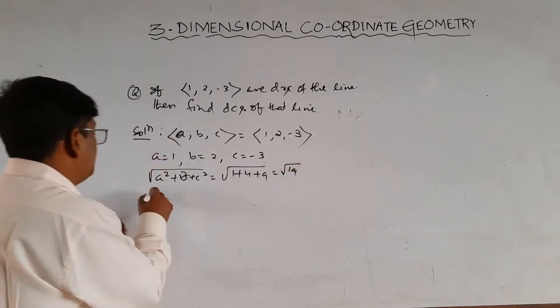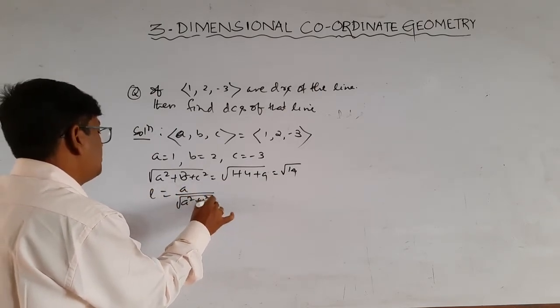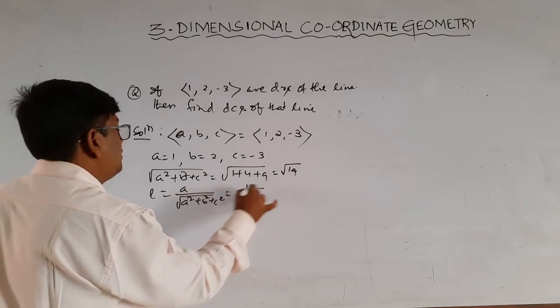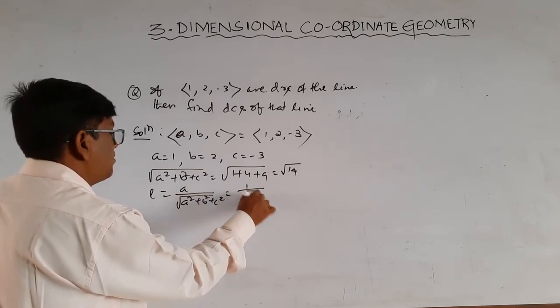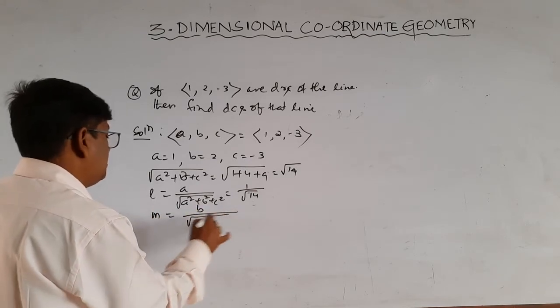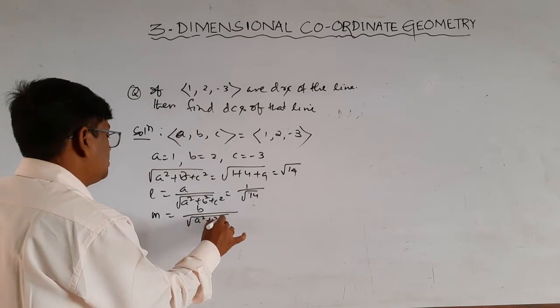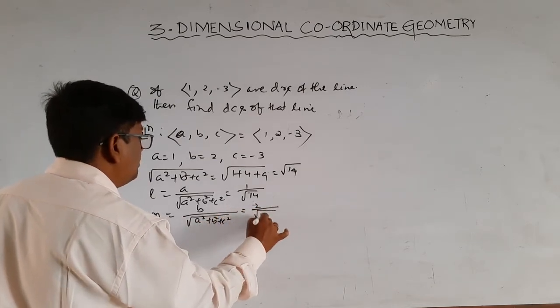So the DC l is equal to a by root over a square plus b square plus c square, that is 1 by root 14. m is equal to b by root over a square plus b square plus c square, so that is 2 by root 14.